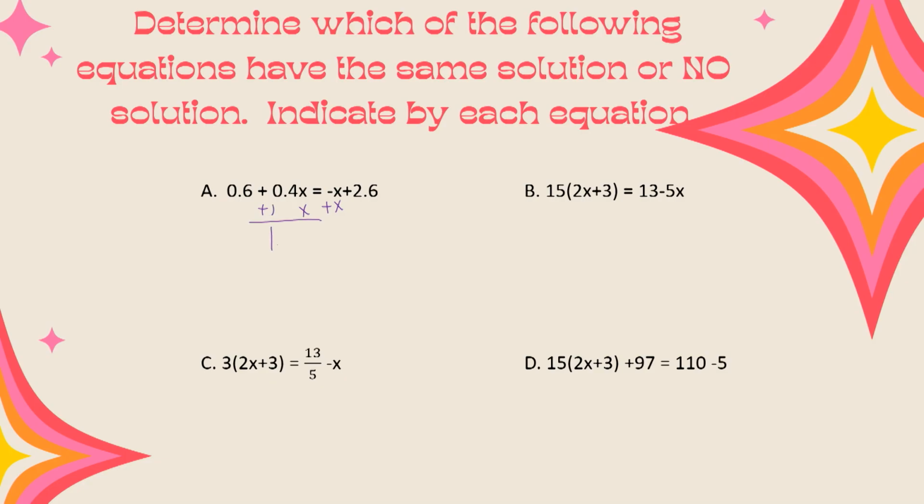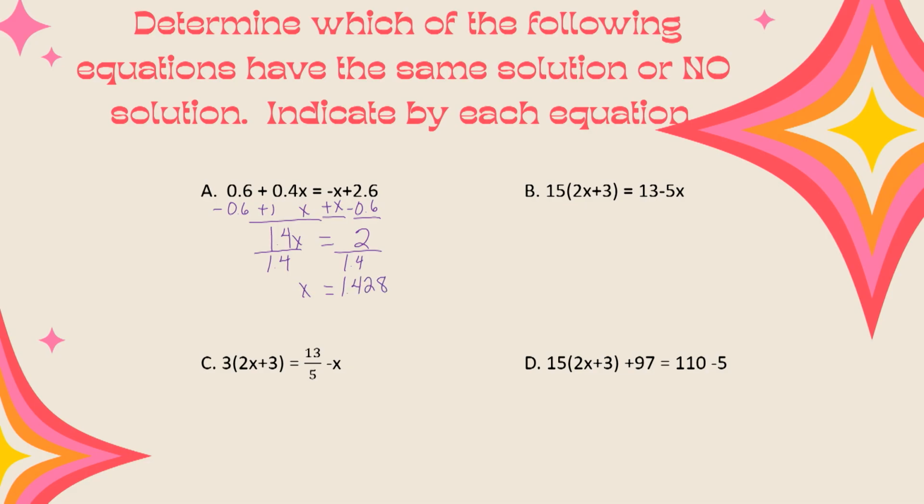So I have 1.4x. So then I'm going to subtract the 0.6 on both sides and get a 2. Since my 1.4 is being multiplied to my x, I'm going to divide on both sides, and my x equals roughly 1.428.